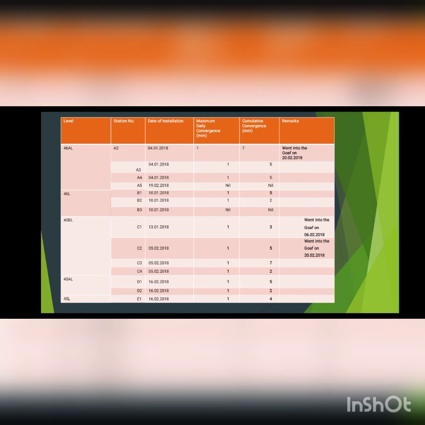So it's basically the sum of daily convergence till that date. And we have remarks as well, went into GOF on which points, the specific dates when it went into GOF and all.